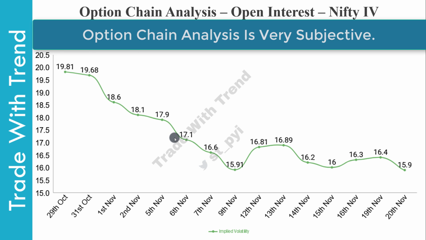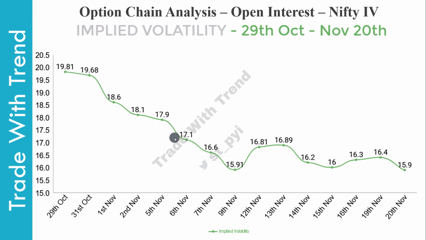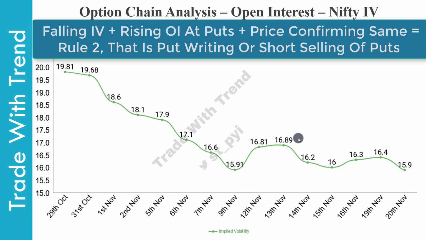So the relative analysis of how calls and puts behave is what makes open interest, IV and price analysis very subjective. So what we have seen here is an increase in open interest in puts along with a fall in implied volatility as the session has progressed.